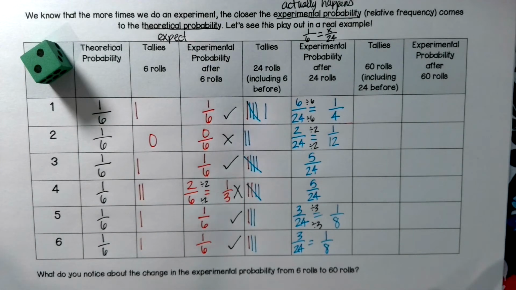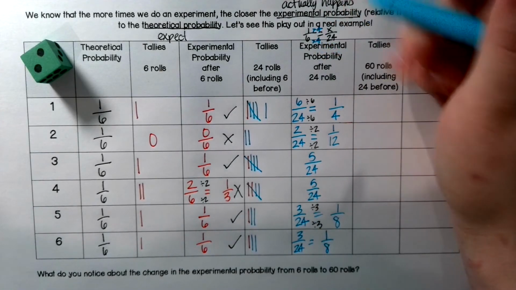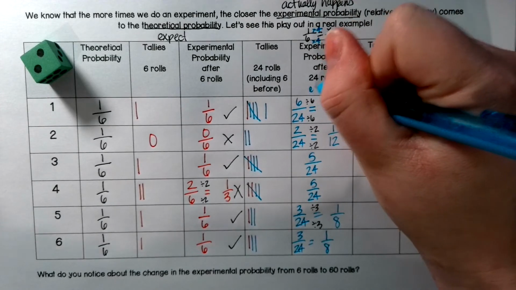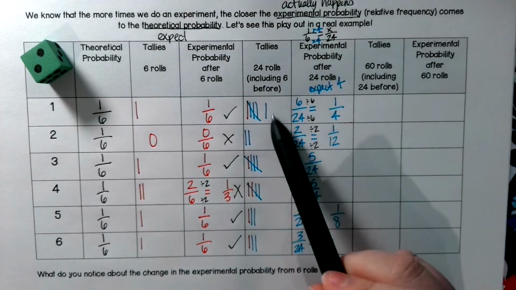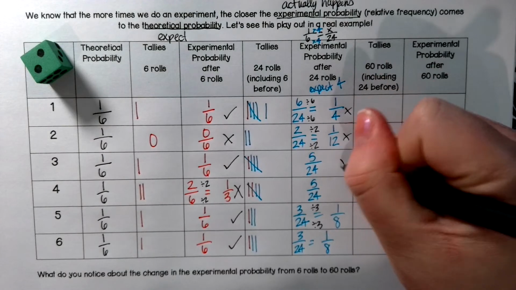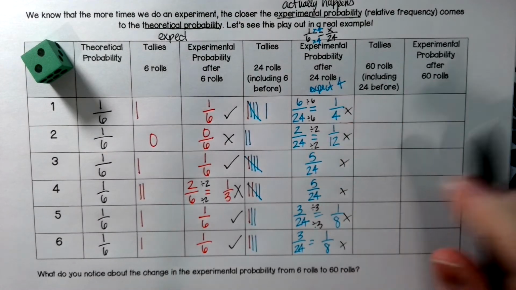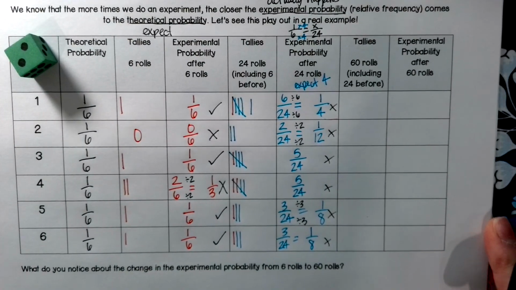How many would I expect it to be if it was 1/6? 6 times 4 is 24, 1 times 4 then, I expect 4 rolls, but none of my tallies match up to 4 rolls to equal 1/6. None of them match up anymore. So let's keep going to 60 and let's see if we can get closer to that 1/6.